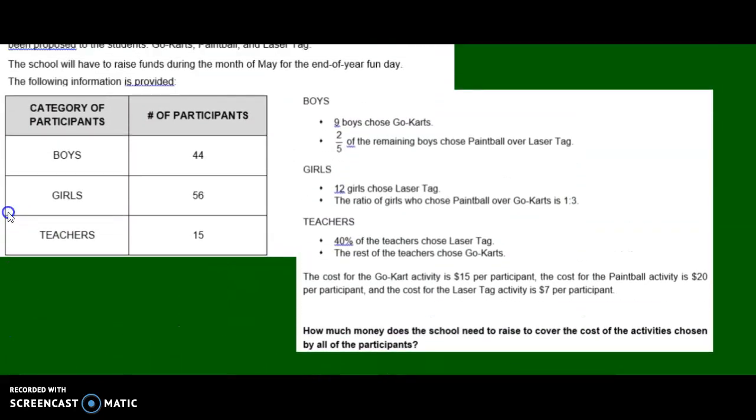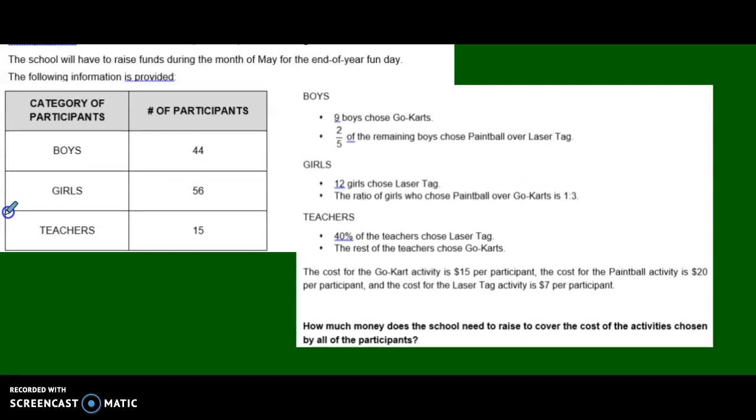It's 44 boys. 2/5 of the remaining boys choose paintball over laser tag. So if 2/5 of the remaining boys choose paintball, that means that 3/5 of the remaining will choose laser tag.